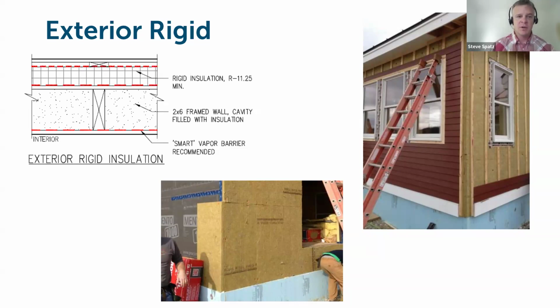So if you can do that ratio of exterior rigid insulation to what is in the cavity, you can effectively keep your sheathing layer warm enough to be above the dew point throughout the heating season, so that you would not get any condensation occurring within the wall assembly by moisture vapor that would be driven into it from the interior.